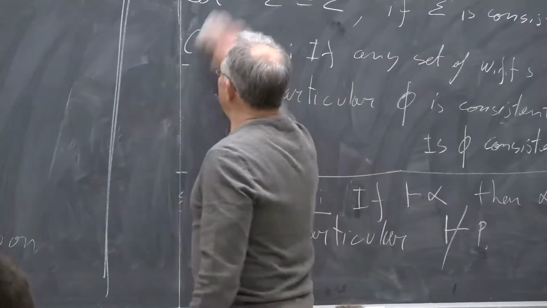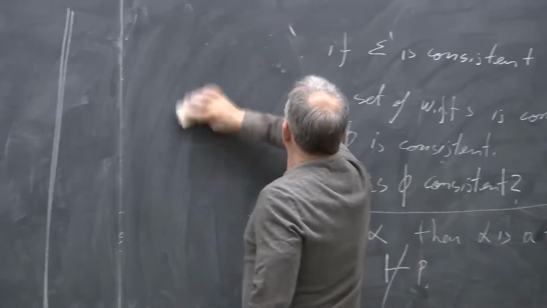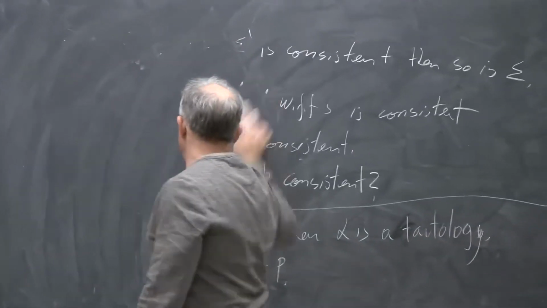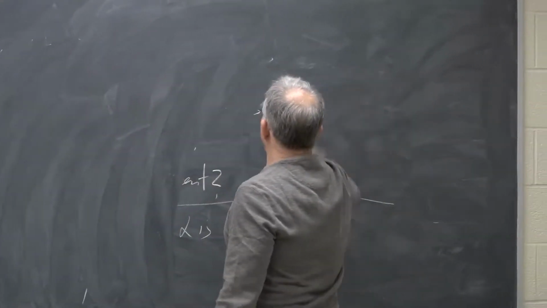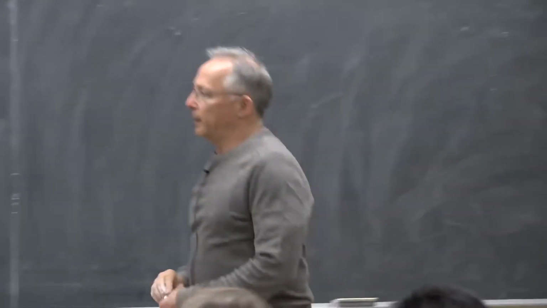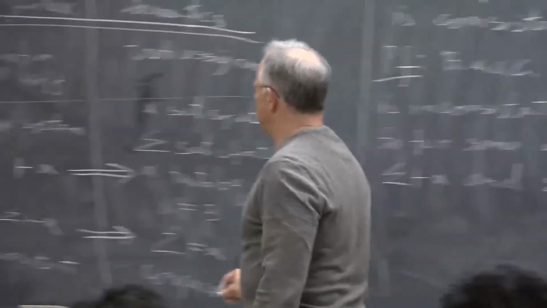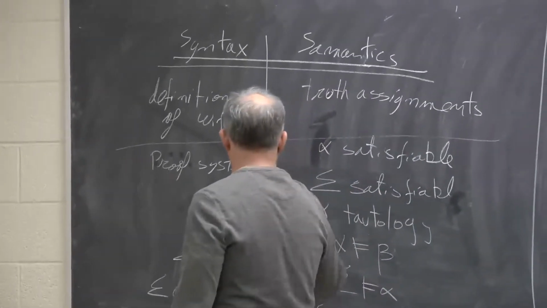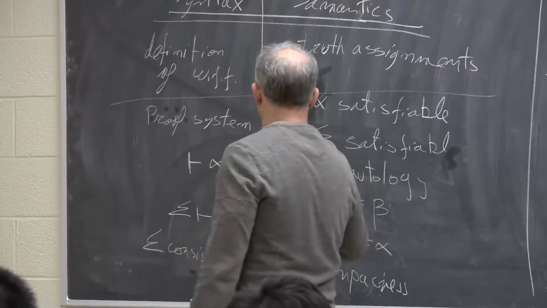So this is a cute observation because now we have another arrow in our table. Now we have another arrow in our table that consistent implies satisfiable.